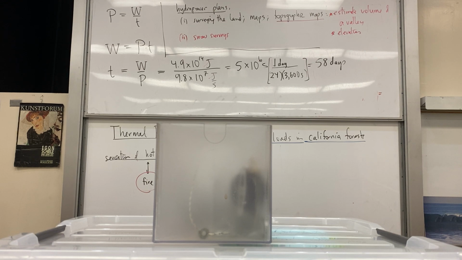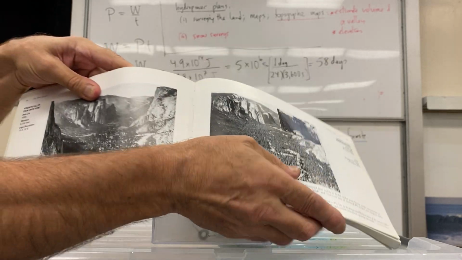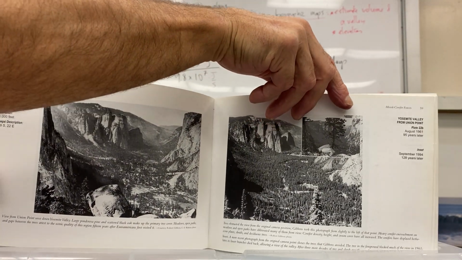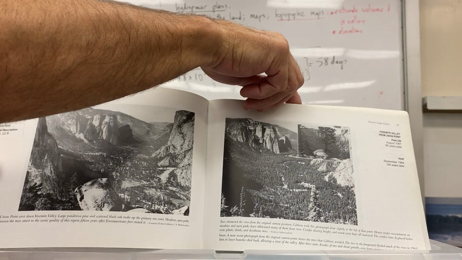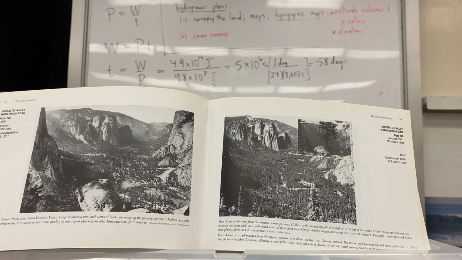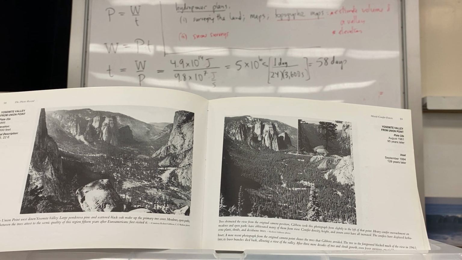So you want to get screenshots of all of these that you can. This one is looking down canyon towards El Capitan from a different spot in Yosemite Valley.